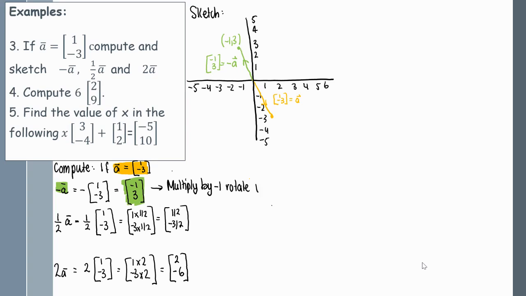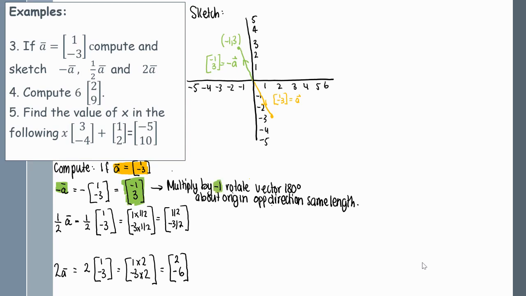This rotates vector A 180 degrees about the origin. Or you could think of it as flipping vector A to the opposite direction, but the length of that vector is the same, if you multiply a vector by negative 1.